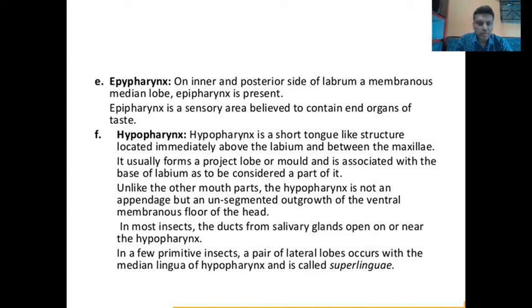And the hypopharynx is a short tongue-like structure located immediately above the labium and between the maxillae. It is formed like a lobe and is associated with the base of the labium, and is considered a part of the labium.